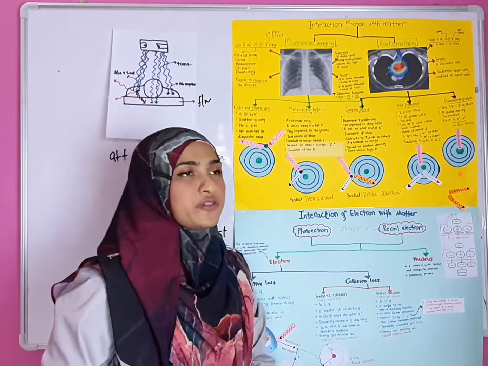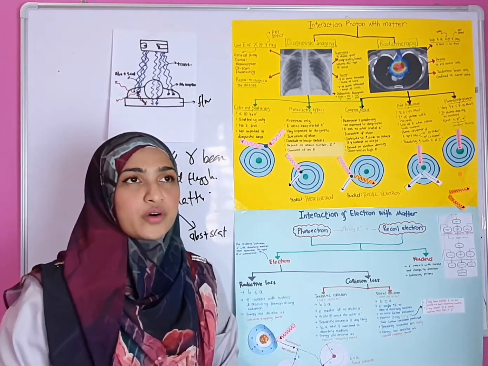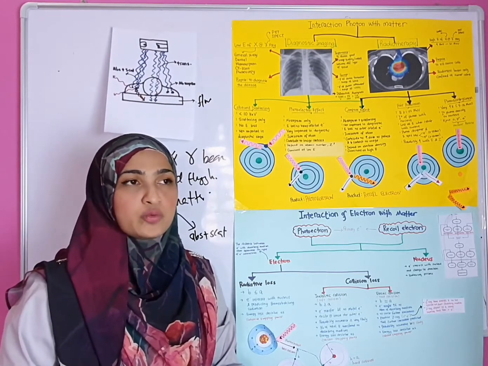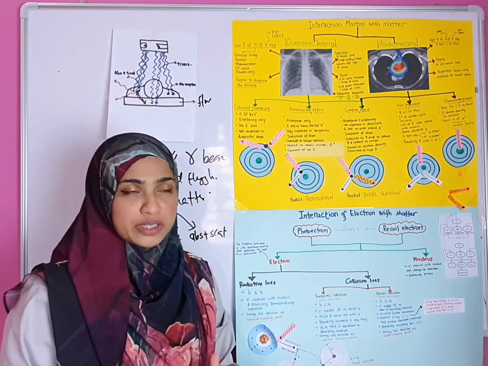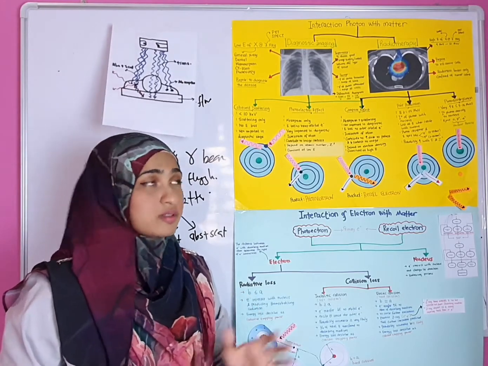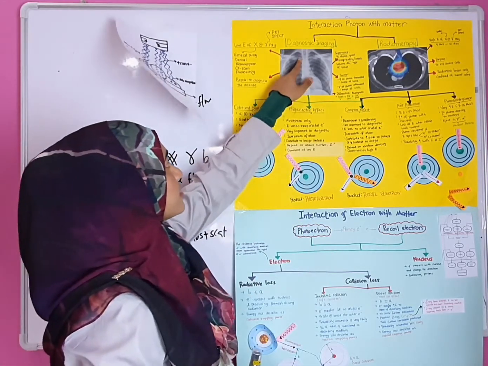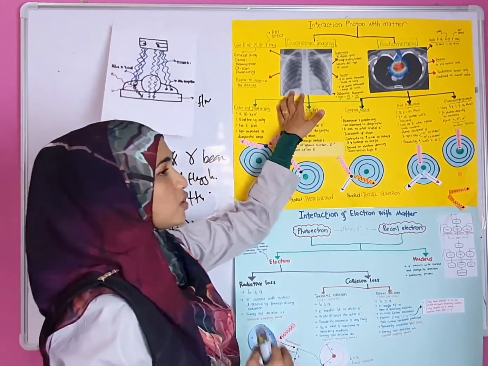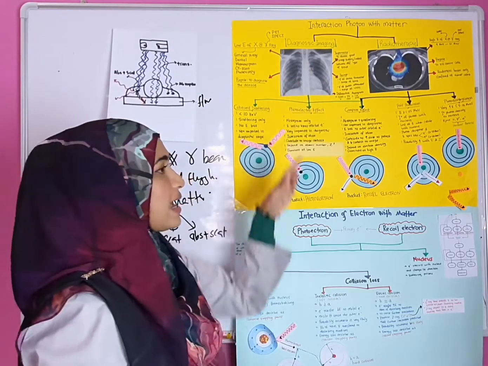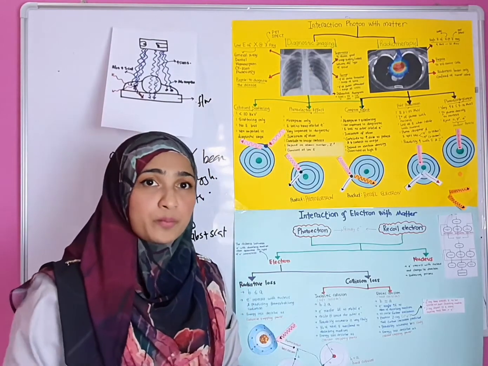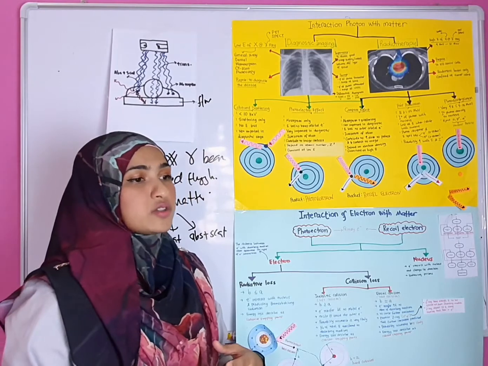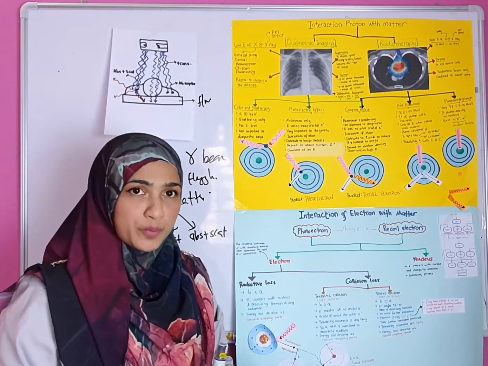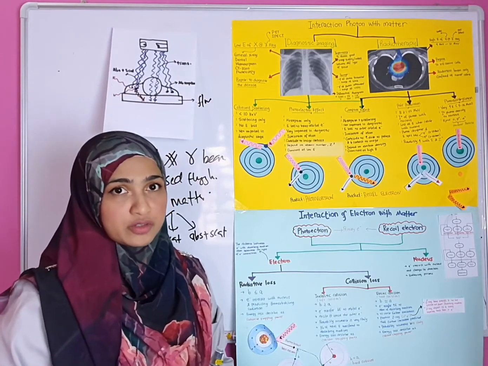The photoelectric effect depends on atomic number. So a greater atomic number will produce much more absorption. As an example, if you look at this image, the lung has a low atomic number or low density, while bone has a greater atomic number compared to lung tissue. Because bone has a greater atomic number, it will absorb more energy from the incoming photons compared to lung.